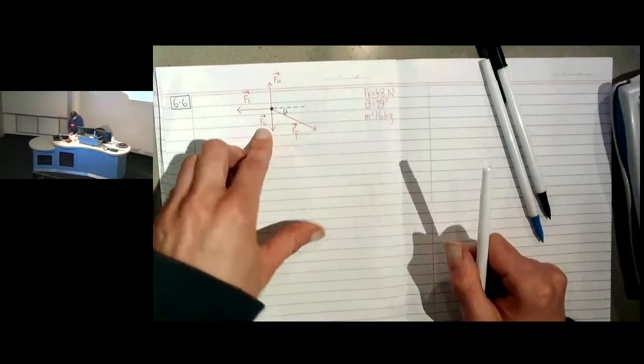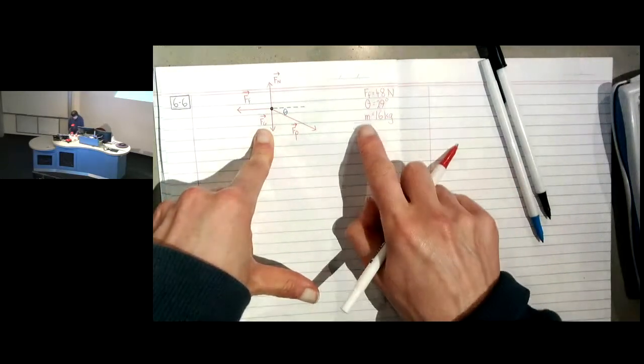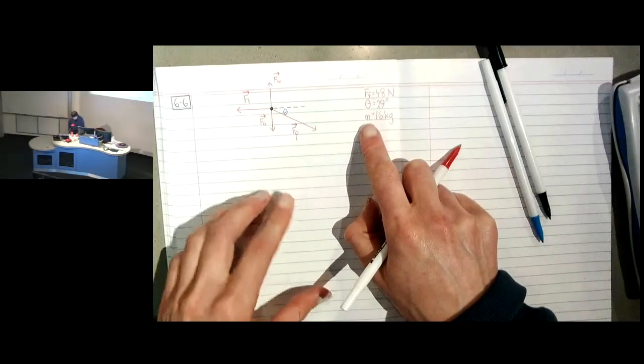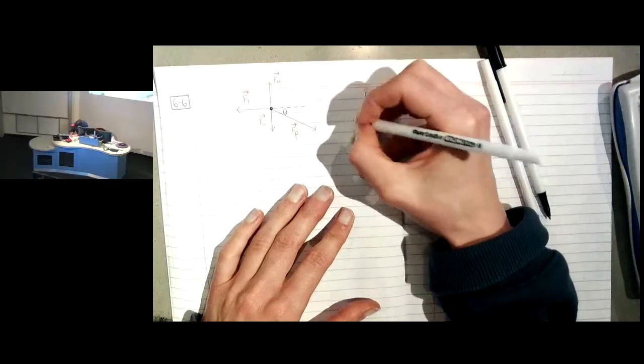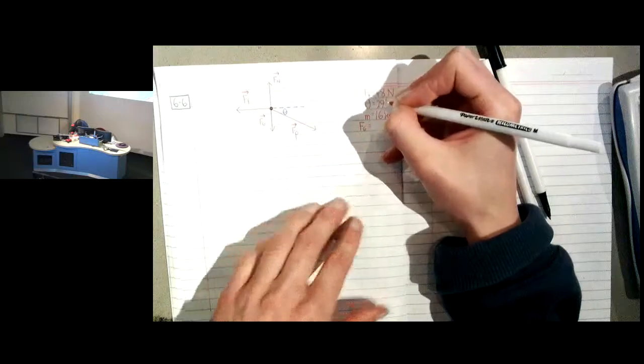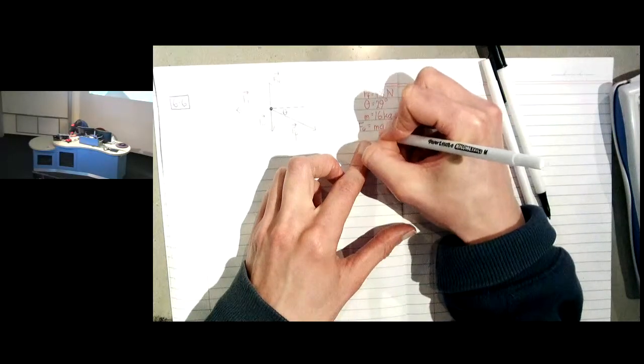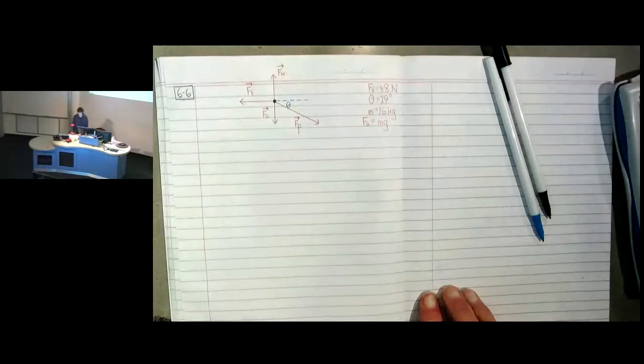We know the magnitude of this gravitational force, because it's equal to the mass of the trolley times g. So we could also say that Fg is equal to mg, since we know what that mass is.